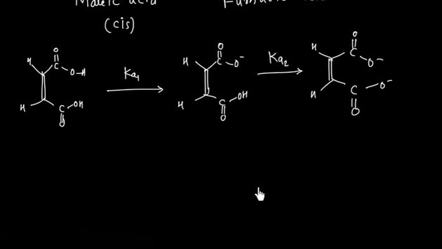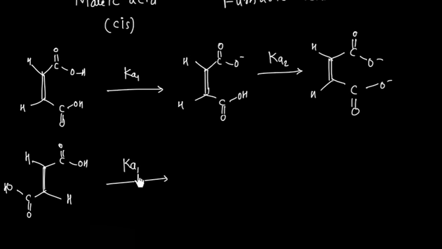Now let us say the case of fumaric acid, that is the case of trans. So if it loses 1 H plus, let us call it Ka1 dash. So we will have COO minus.